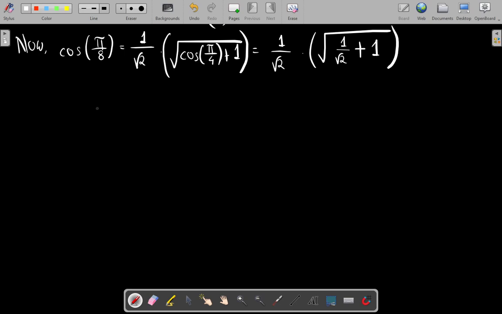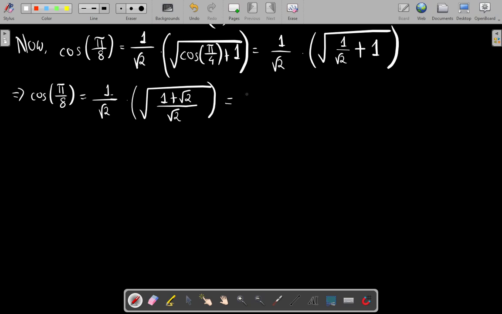So this implies the value of cos pi upon 8 is equal to 1 upon root 2 times, if we take the LCM inside the square root, square root of 1 plus root 2 upon square root 2. Let us now multiply both the numerator and denominator inside the square root with root 2.